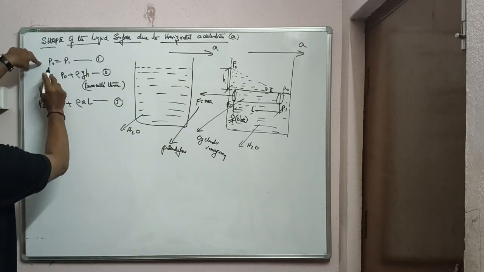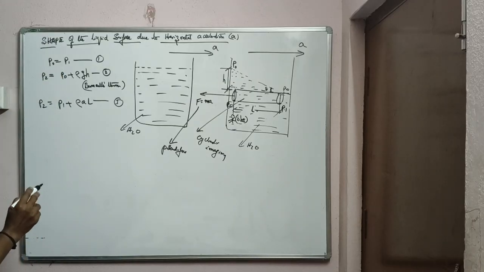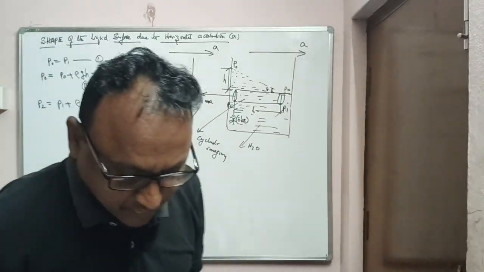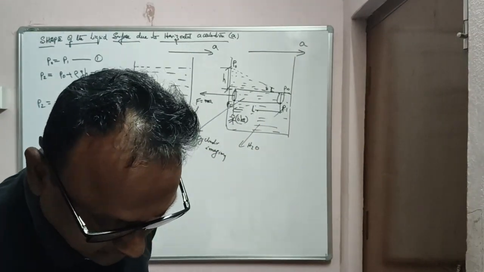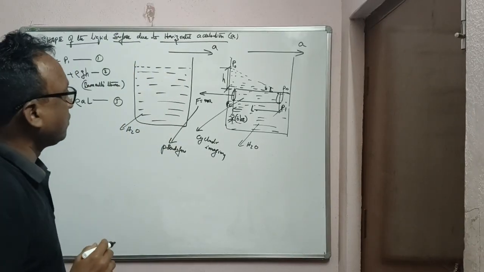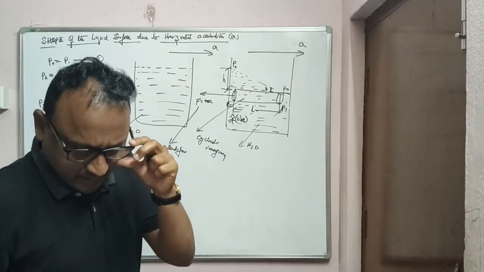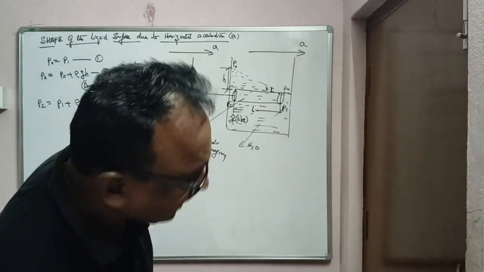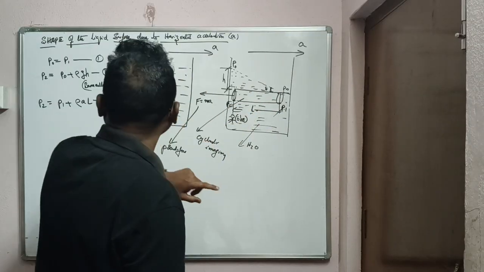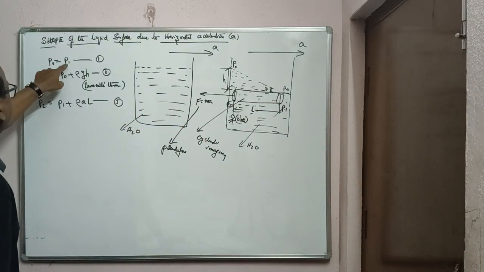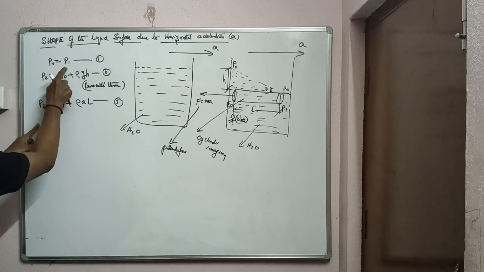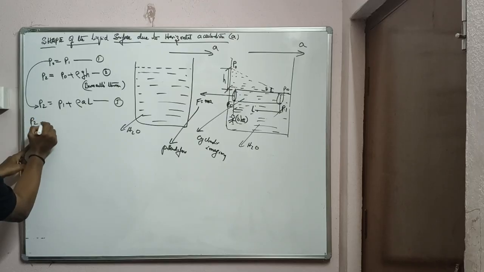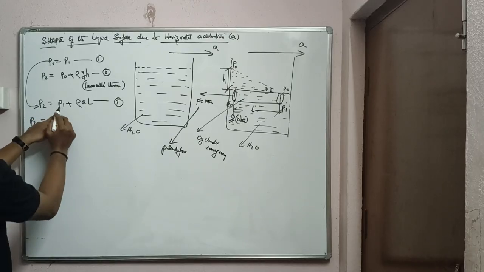Now, P naught is equal to P1. Okay? P naught is equal to P1. Now, we will try to substitute some equations here. P1 plus rho gh. So here you can see some equations are there. Please observe carefully. These two: P naught is equal to P1. Now what do I do? Look at this equation, let's try to apply it here. P2 is equal to, what is P naught here?